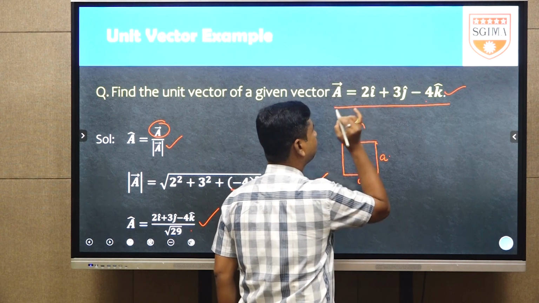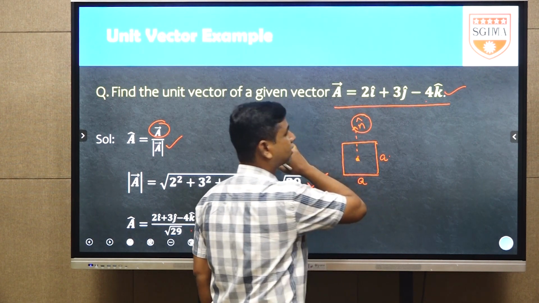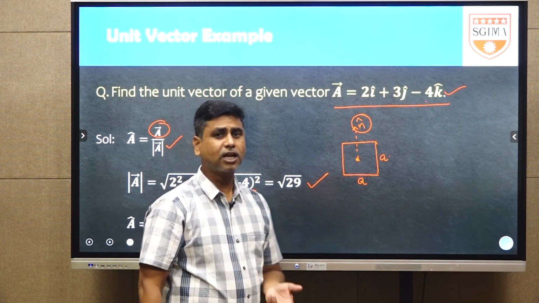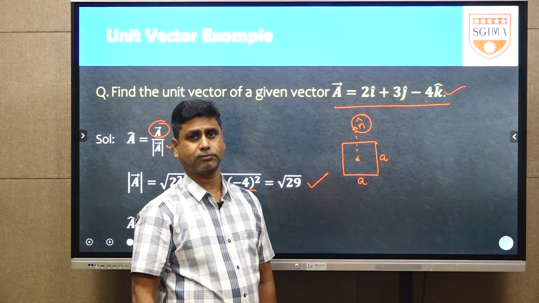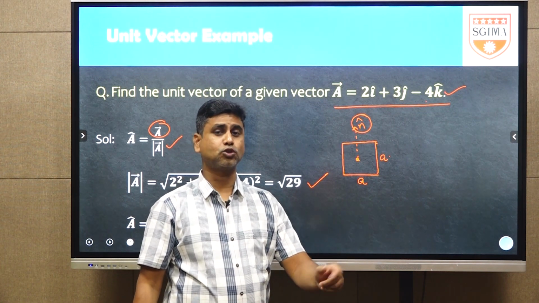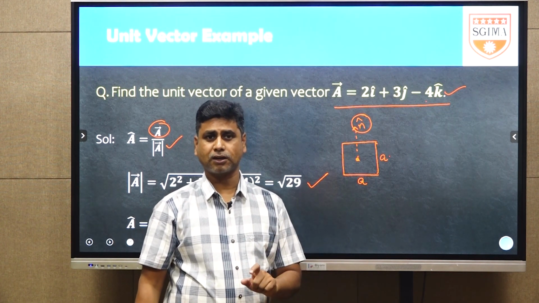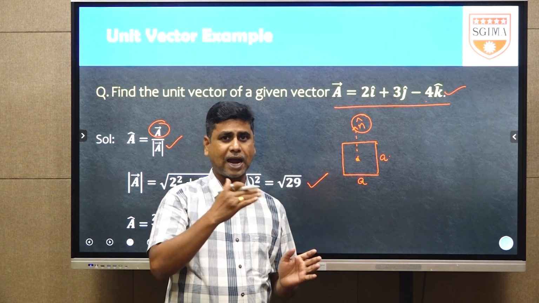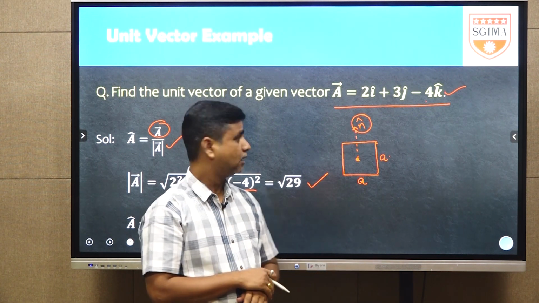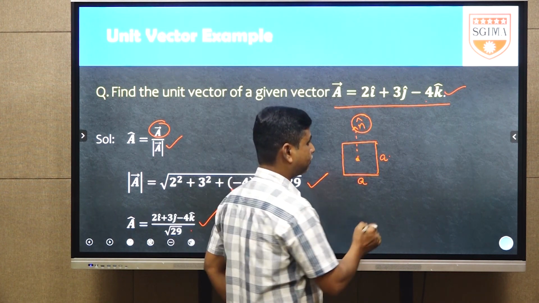It is denoted with n cap. What does n cap mean? n cap is a unit vector. Unit vector means its magnitude equals 1 only. When any magnitude is multiplied with a unit vector, there is no change in its magnitude, but the direction gets added, and then the physical quantity becomes a vector quantity. Here a square gives the magnitude and n cap gives the direction, so area equals a square into n cap.